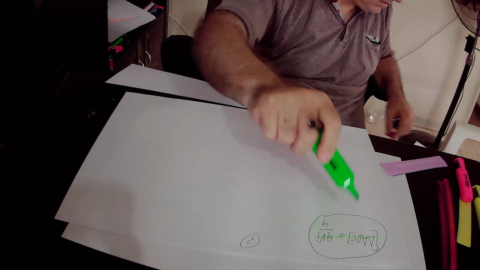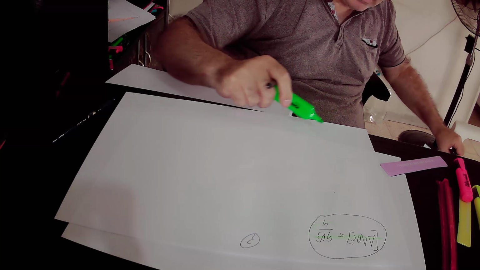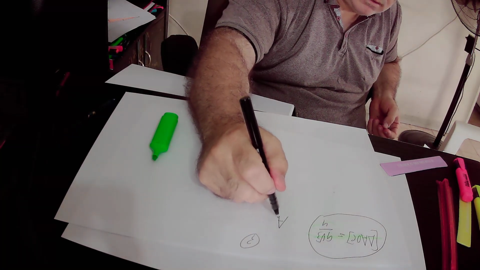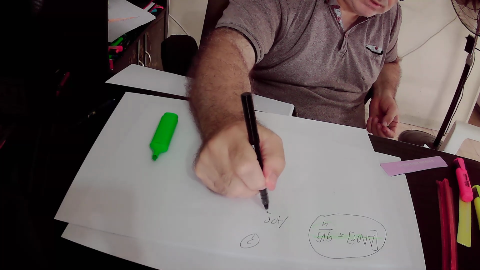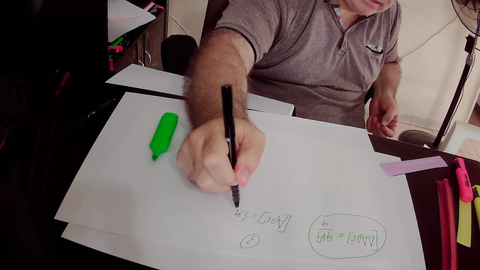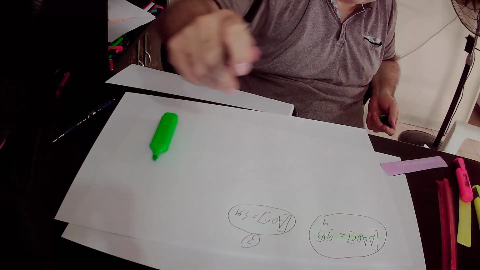And we have already found out that the area of sector AOC is equal to 3 pi square units. Okay.